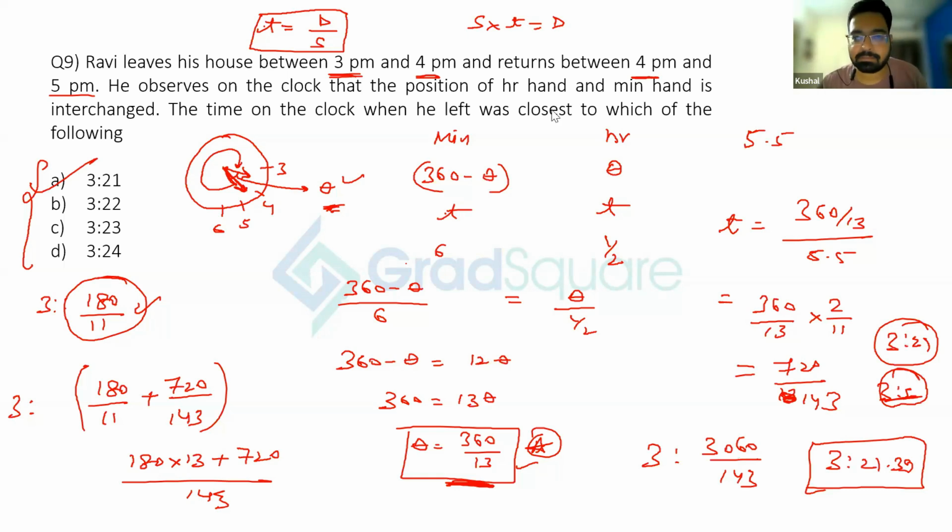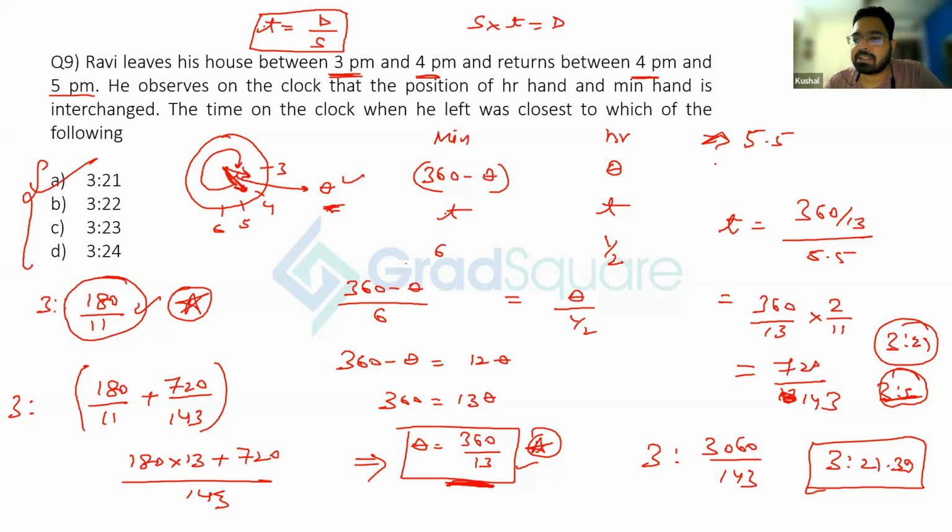Any doubts, anyone? I know this was slightly tricky to comprehend, slightly tricky to get down to the answer, but that's the way to go about doing this. This calculation can be used: 3 180 by 11, and from there, how much time it is going to take to create an angle of 360 by 13 at a speed of 5.5.